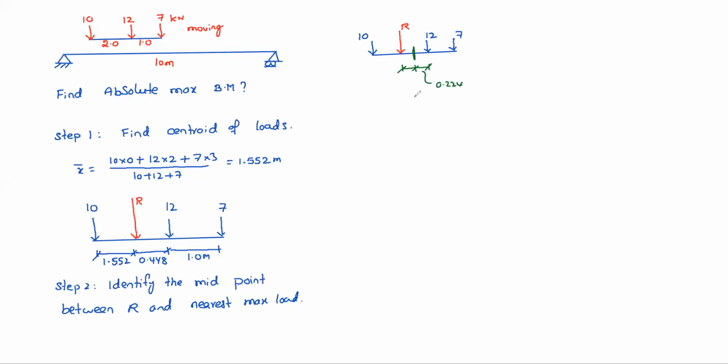This also 0.224. This one 1.552. That means that midpoint is, how much is this? 1.552 plus 0.224, 1.776 from 10 kilonewtons.